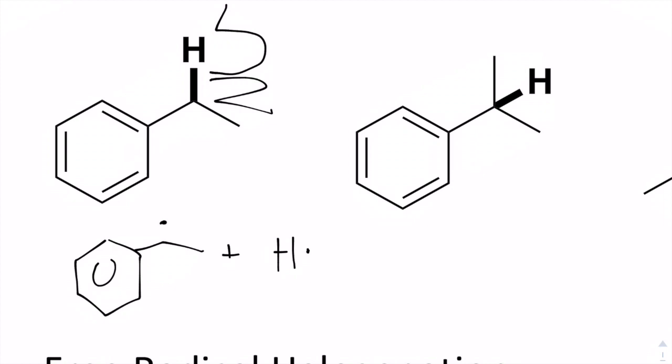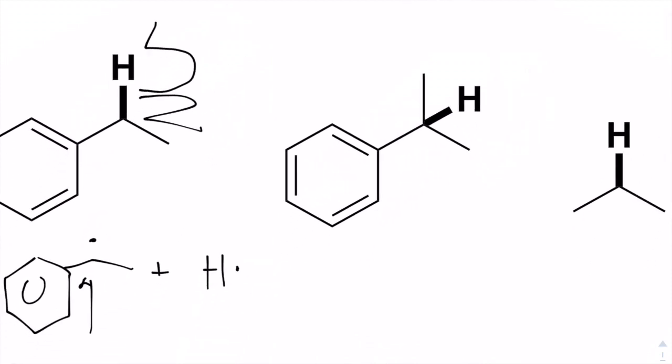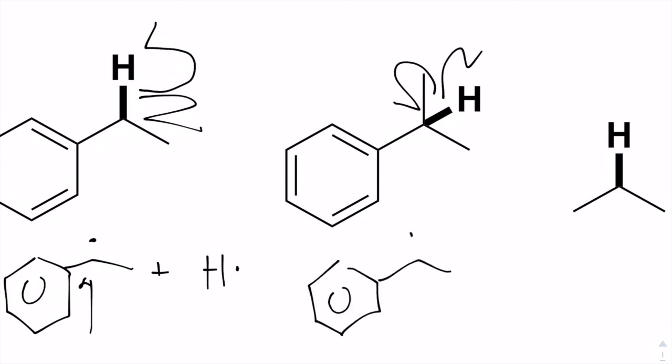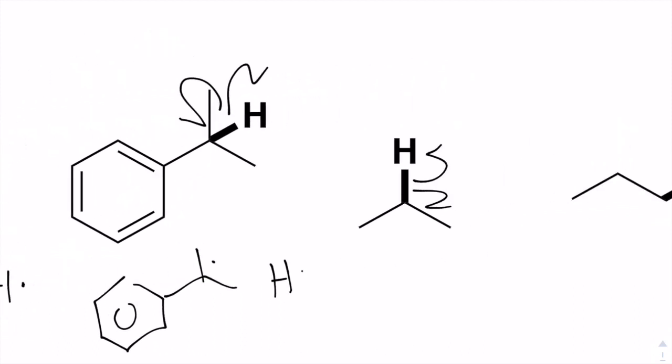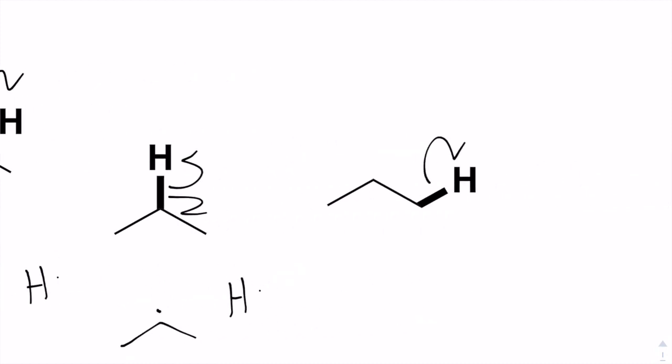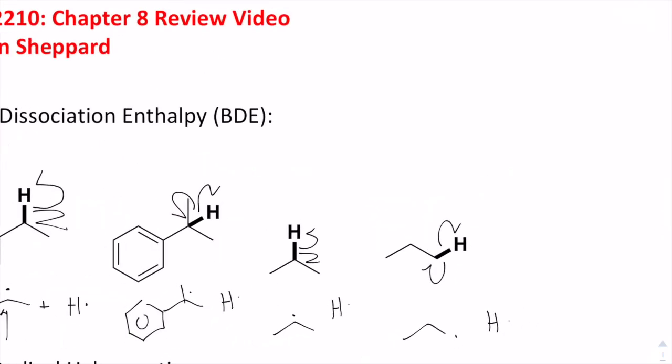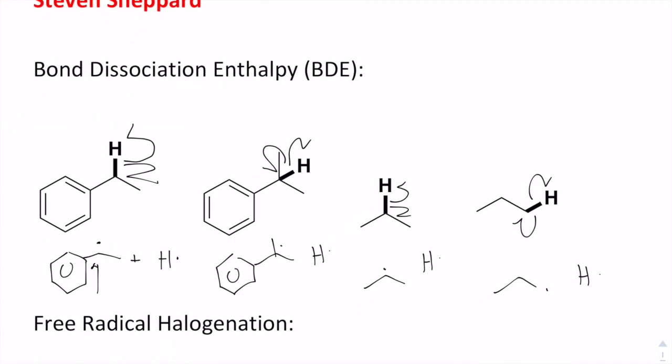How much energy is required refers to how stable that radical is going to be on the carbon skeleton. If we were to homolytically cleave this, the result would look like that. Same thing over here, and same thing over here. This would be the result of homolytically cleaving all of these bonds that are indicated.